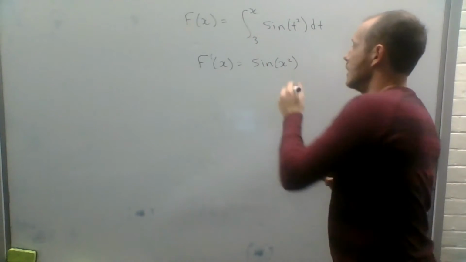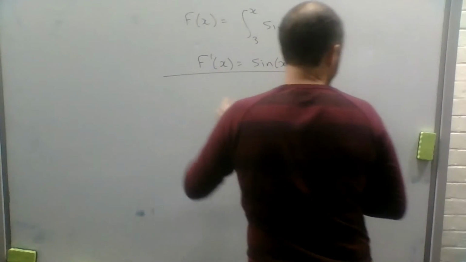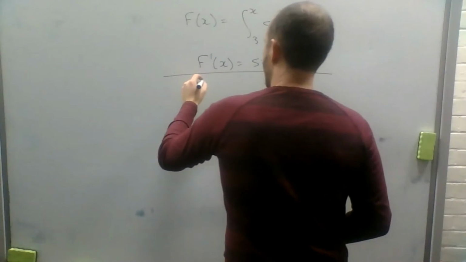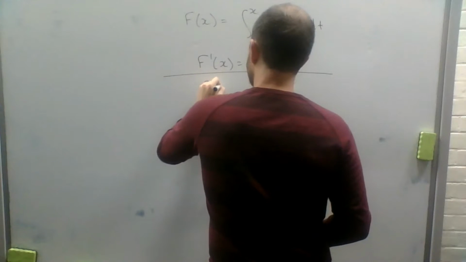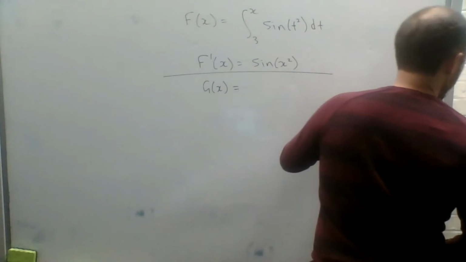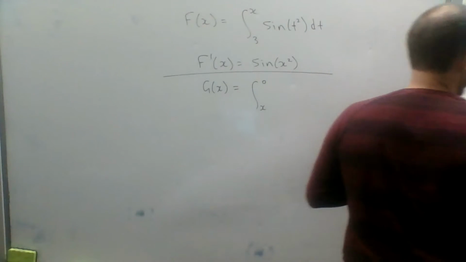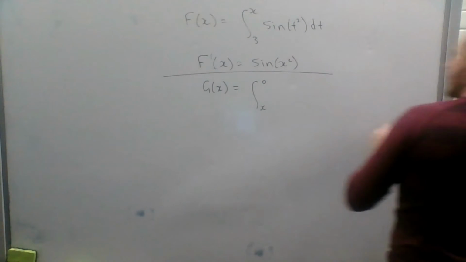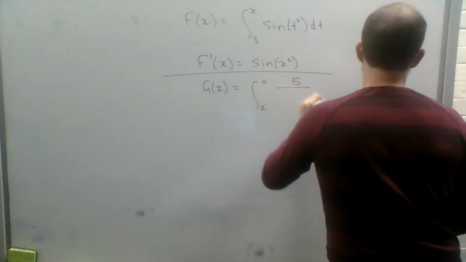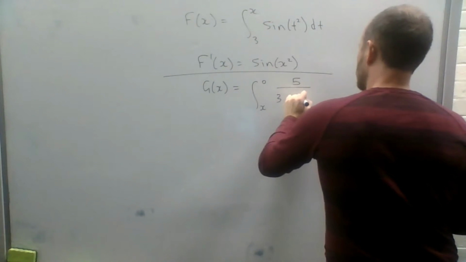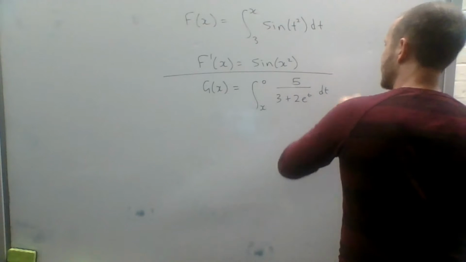Now, if we have a look at one that's a little bit more tricky than that, let's say g of x is equal to the integral from x to 0 of 5 over 3 plus 2e to the t dt.